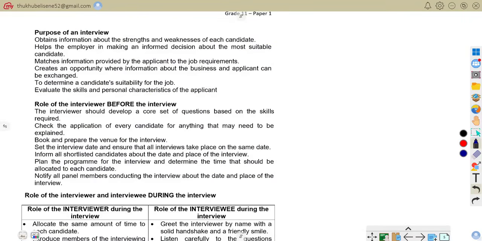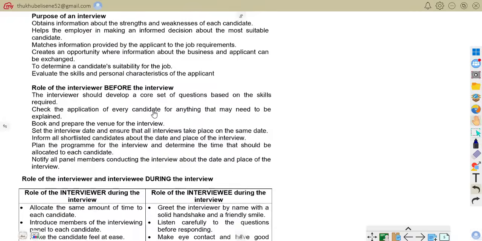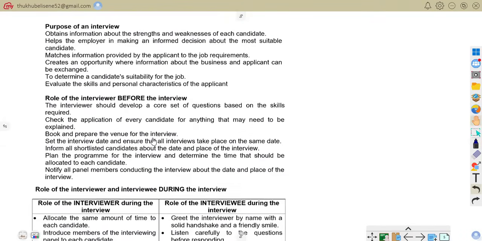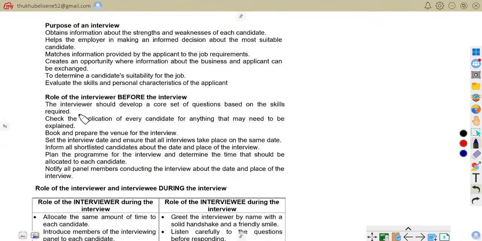Now we are moving on to the purpose of the interview. It obtains information about the strengths and weaknesses of each candidate.